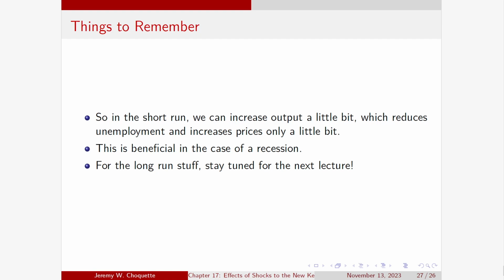Now, in terms of the government spending or the monetary policy shock, output is increasing only by a little bit, but relative to the real business cycle model, it's actually increasing by a lot because, well, it didn't increase at all in the real business cycle model because it would only move in response to real shocks, not nominal. So that would be beneficial in the case of a recession. Government or the central bank can come in and try to increase output by moving demand around. But notice something.